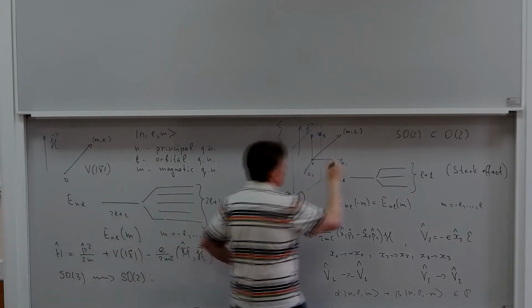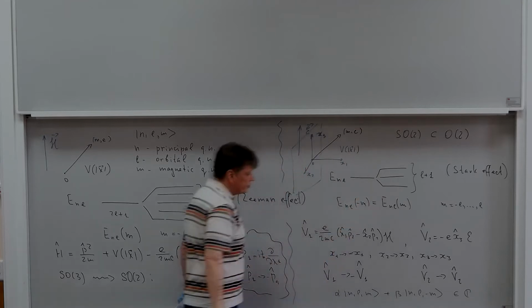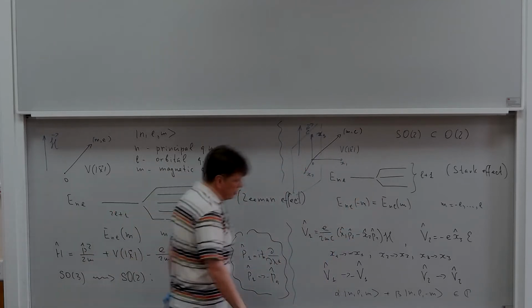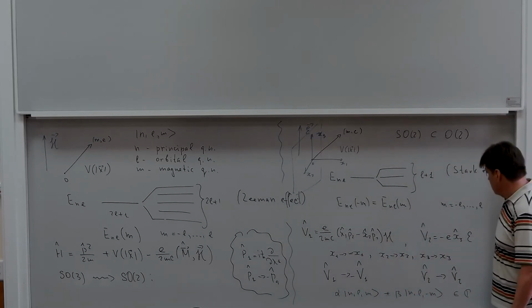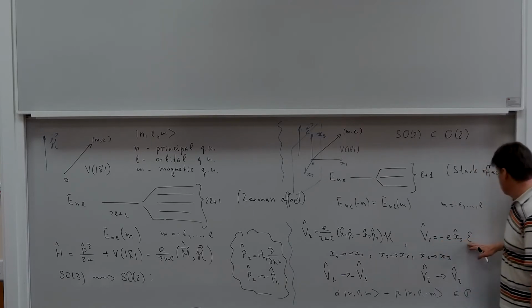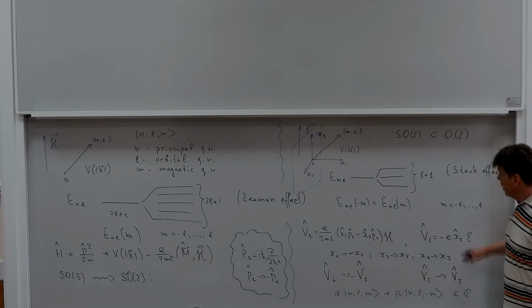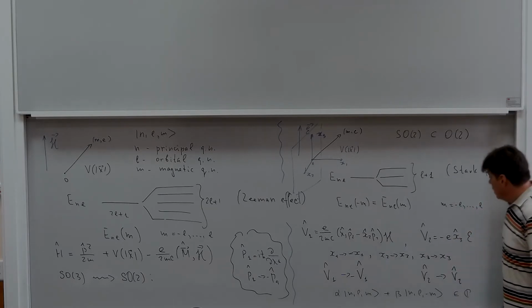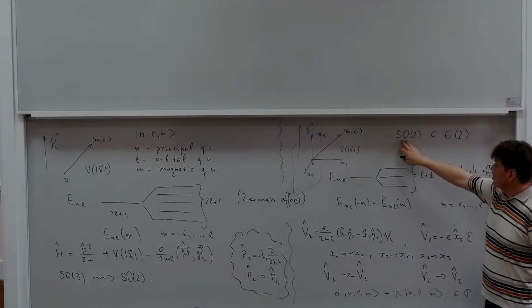So it's the same central force potential, which is invariant under any reflection, and the interaction with the external electric field is also invariant. These are the symmetries of the total Hamiltonian, and we see that the symmetry group is actually bigger than the axial group SO2.